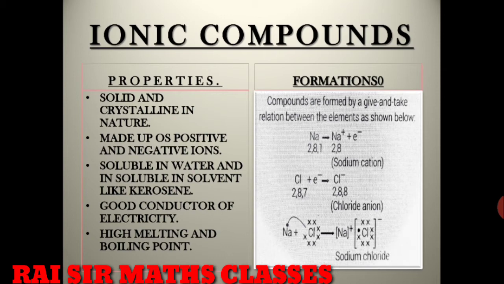It is going to lose one electron, and we have to make sodium chloride, that is NaCl. So we have taken Na, meaning sodium, and we have to take another part, that is chlorine. Chlorine has atomic number 17, so we write 2:8:7. And then the chloride ion has 18 electrons, so we write 2:8:8.